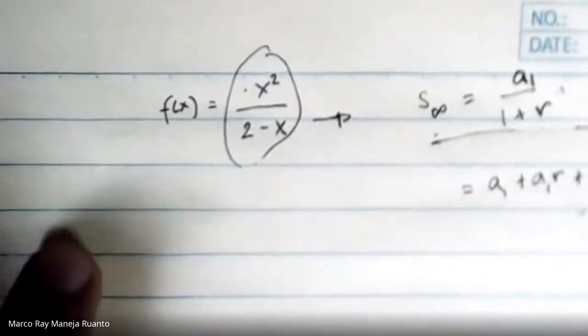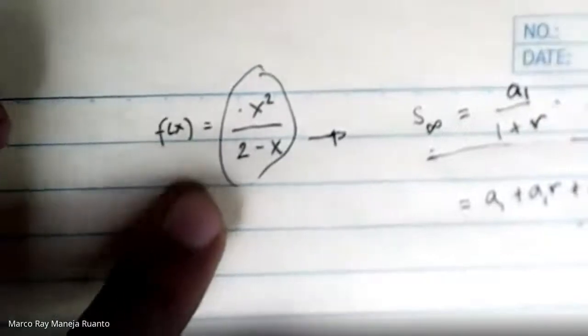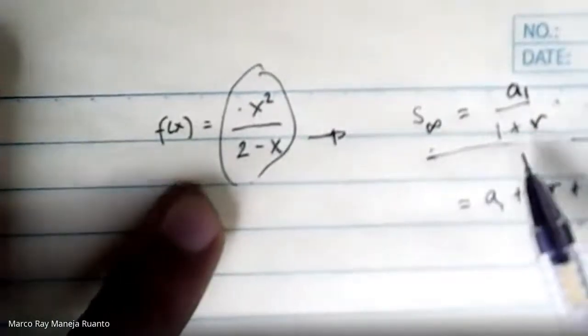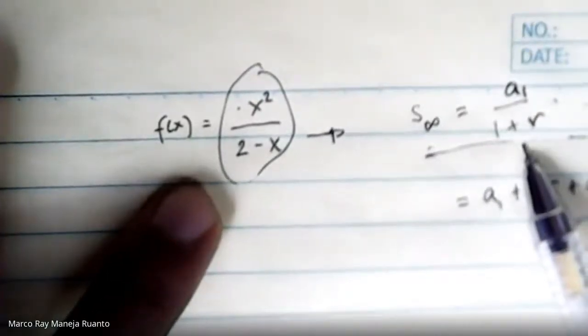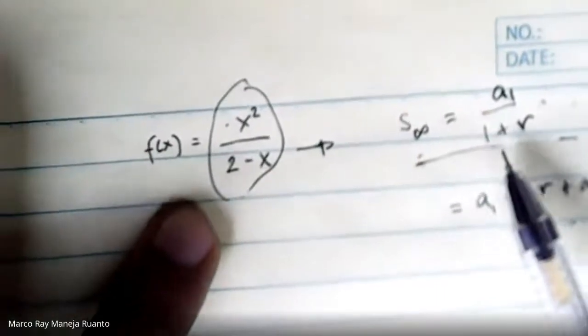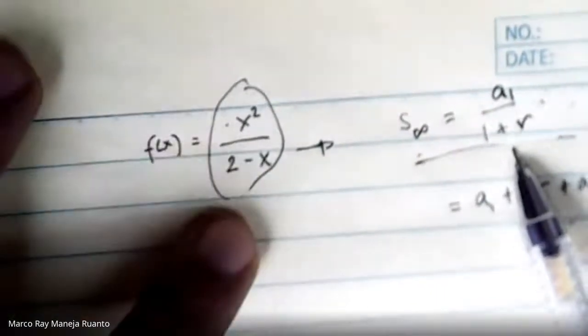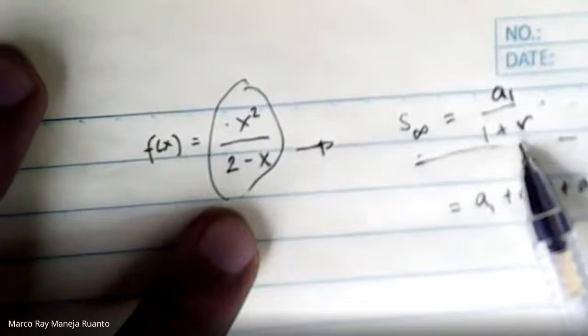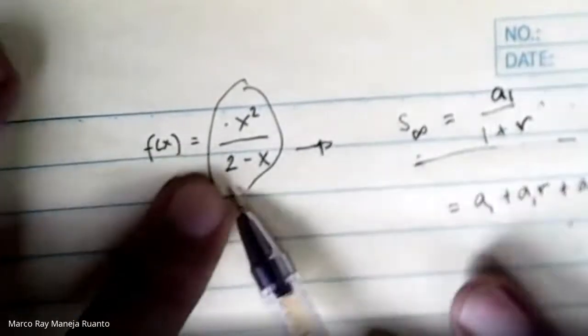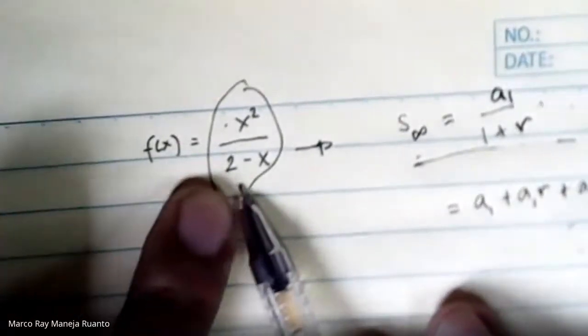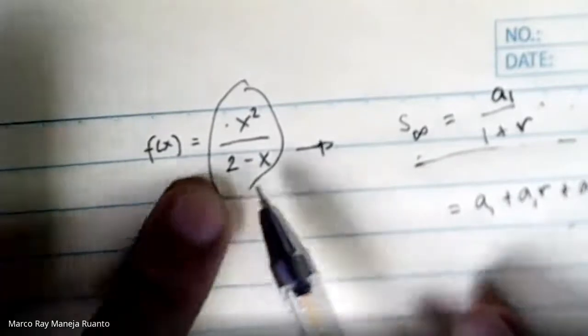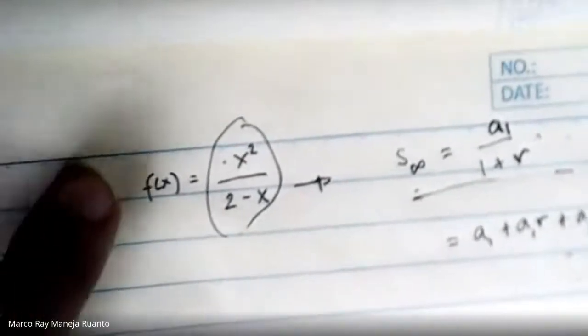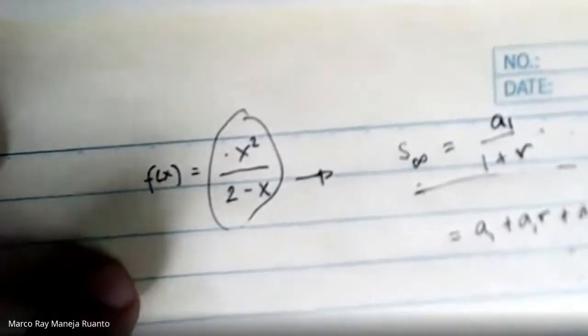Okay, so let's go back to our original function. We are going to factor out 2.